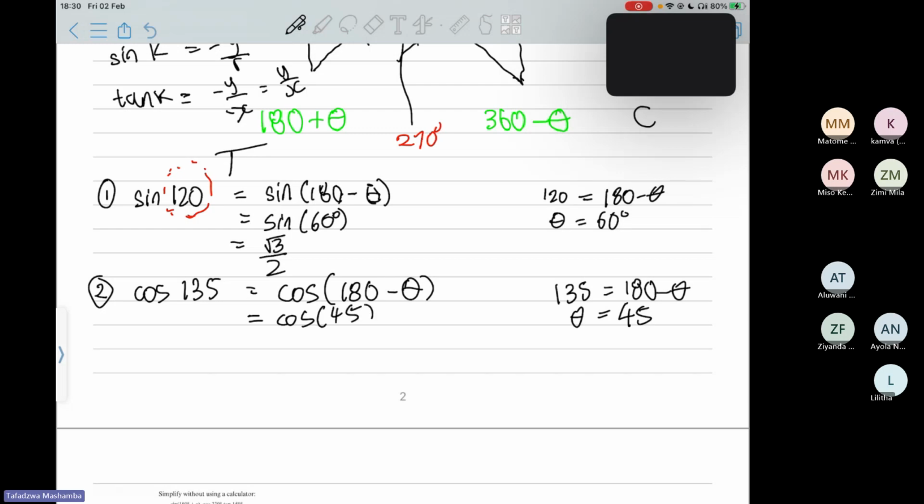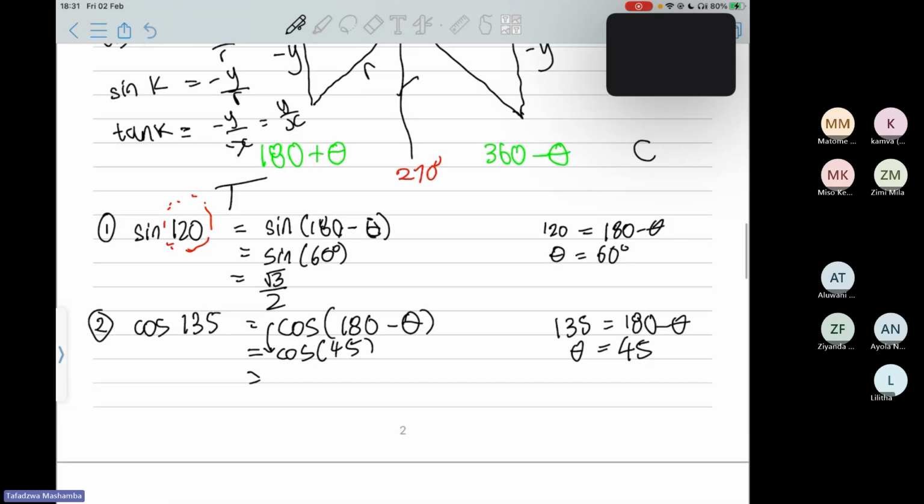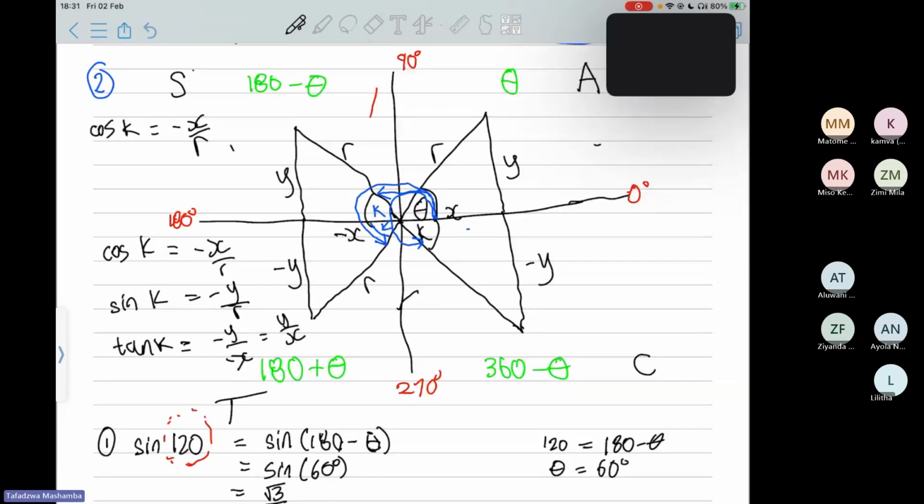And then from here, what do we know? Remember, this is where you guys must not make this mistake. Can you see already, I already equated 180 minus theta, and I already found my theta, but when you're going from the first to the second step, another thing that you must consider is where is cos positive or negative in this quadrant.